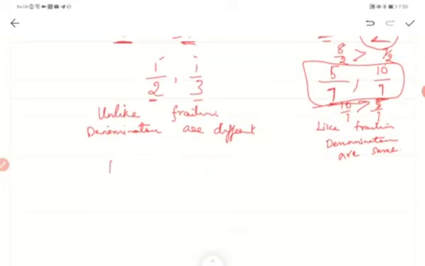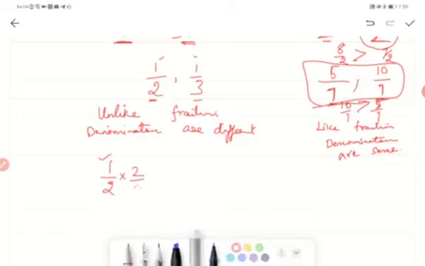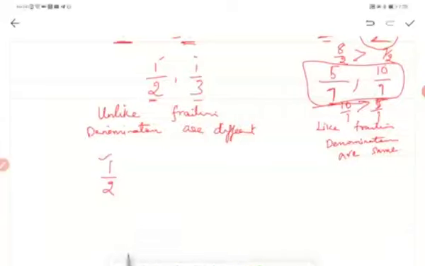How do you convert that? I will multiply and divide. For 1 by 2, the original fraction, you need to check what to multiply with 3 and what to multiply with 2 so that you get the same denominator.